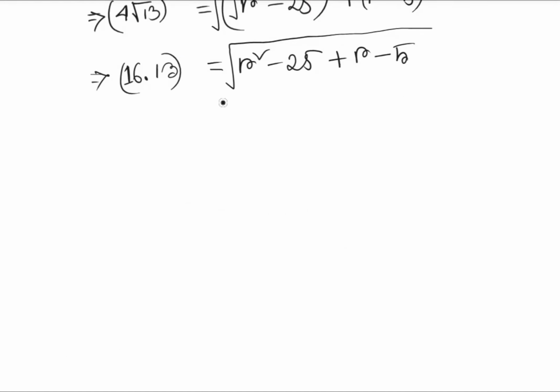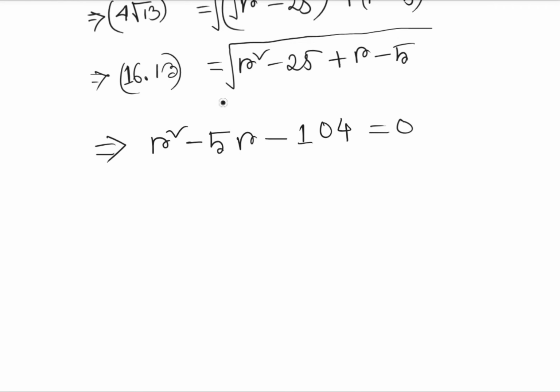After solving the equation, we can write R square minus 5R minus 104 is equal to 0. This is a quadratic equation.